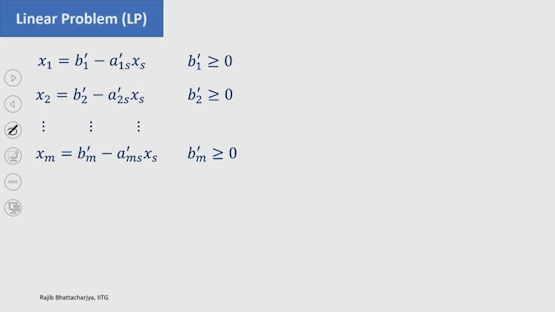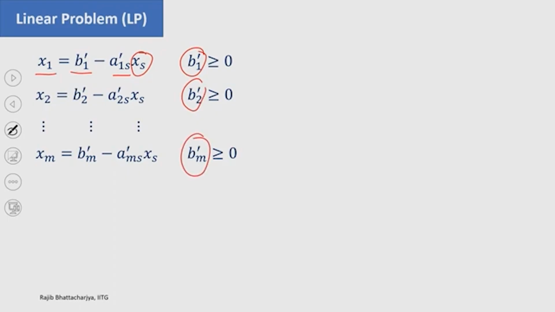Suppose this is a non-basic variable, xs, and I would like to make it a basic variable. From this equation I will get x1 equal to b1 dash minus a1s dash xs. Here b1 dash is positive because it has to be a feasible solution, b2 dash is positive, up to bm dash is positive.